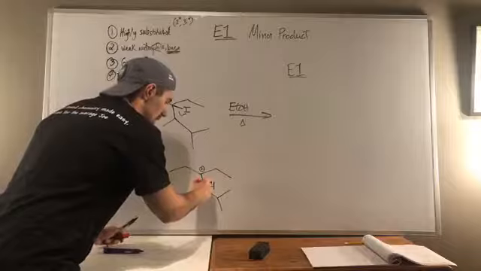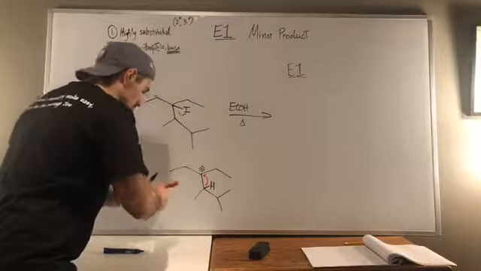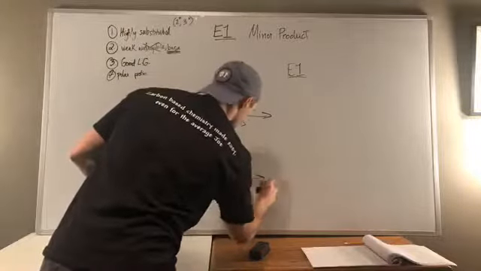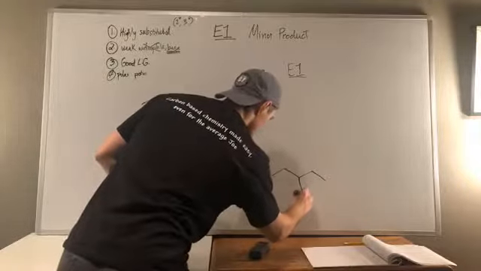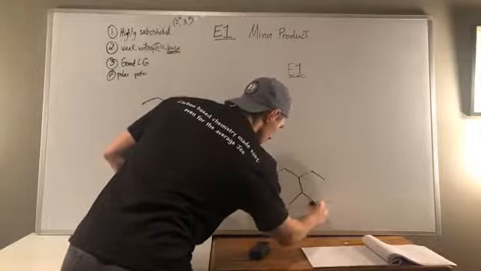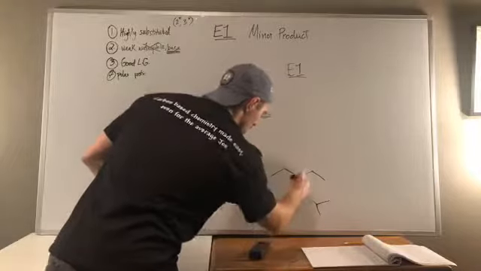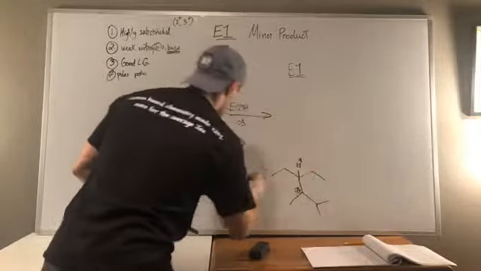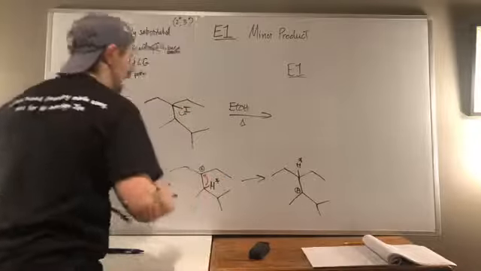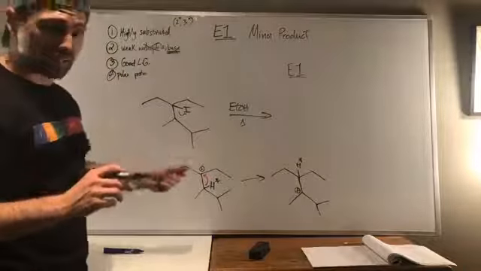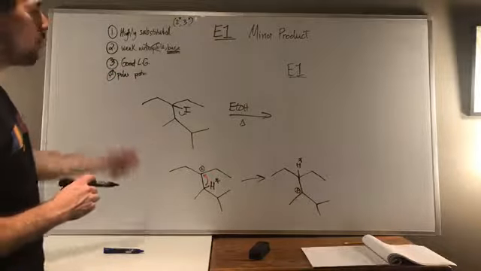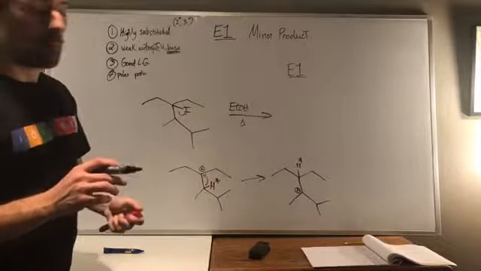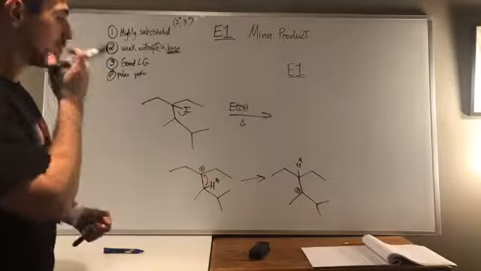So I'm going to yeet this hydrogen right up there. That H is up now here. Asterisking it just for clarity. And now we just do our elimination. When you do E1, you always want to make the most substituted bond. That is what you're going for.